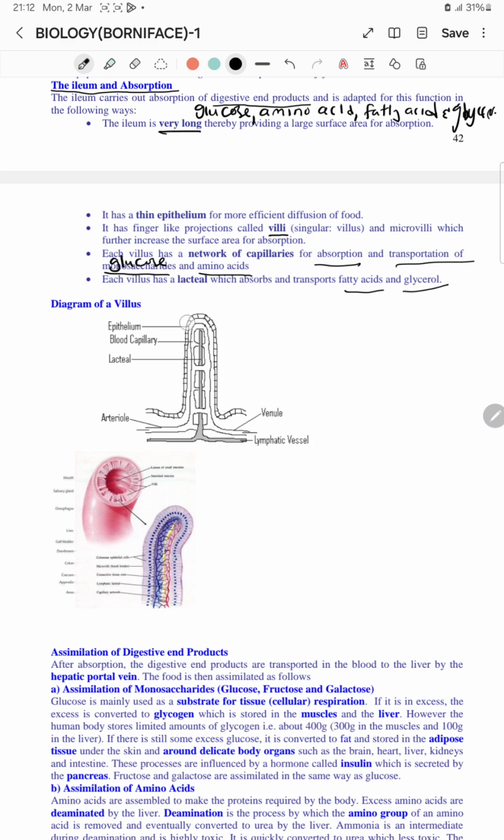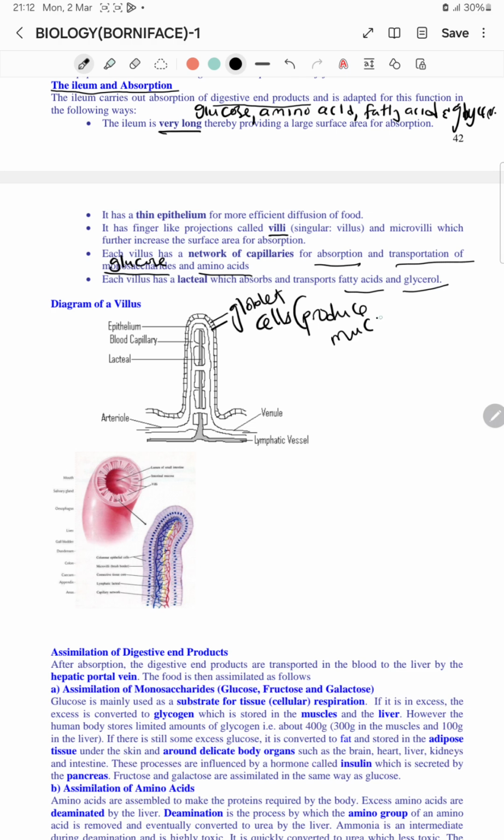Now we have these dotted parts, which they did not label, but we are going to talk about them. These inside we call goblet cells. They produce mucus.